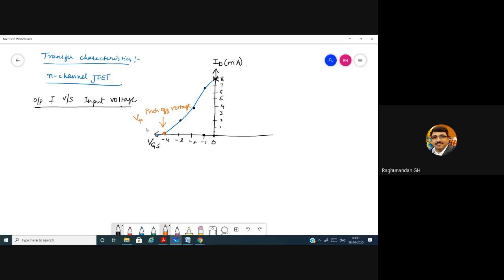This pinch off voltage can be defined in two ways. One is that it is the voltage at which the current will be 0, after which the drain current will be 0.